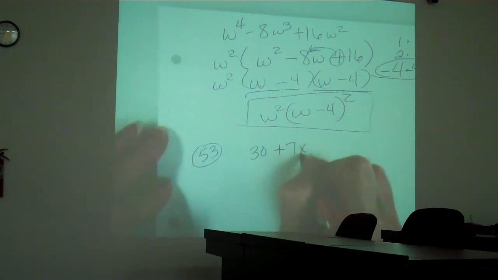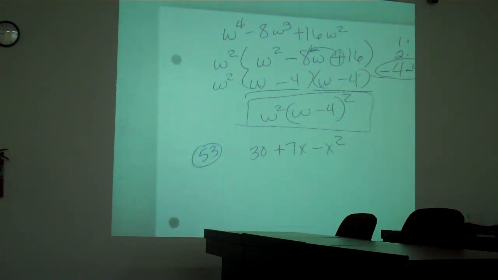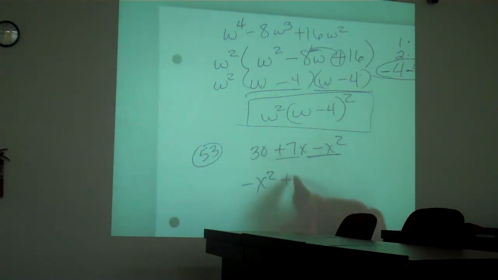Like number 53, it starts with 30 plus 7x minus x squared. Okay, that's not in the order of x squared and then an x and a number, so you need to reorder it. So put this term first, negative x squared, and then plus 7x, then plus 30.